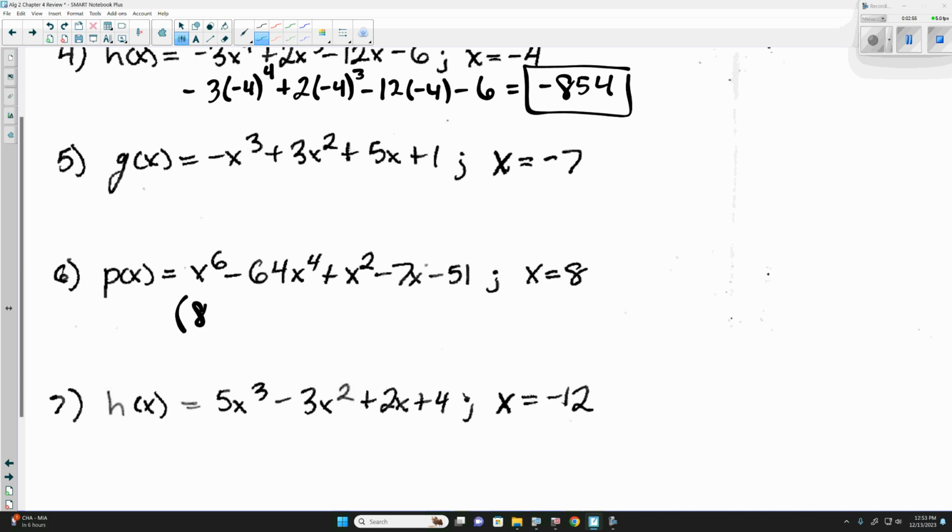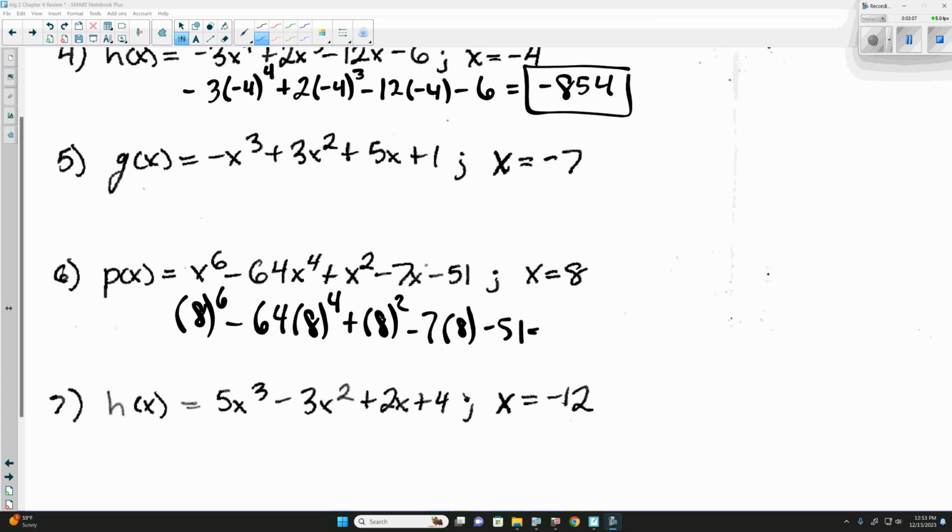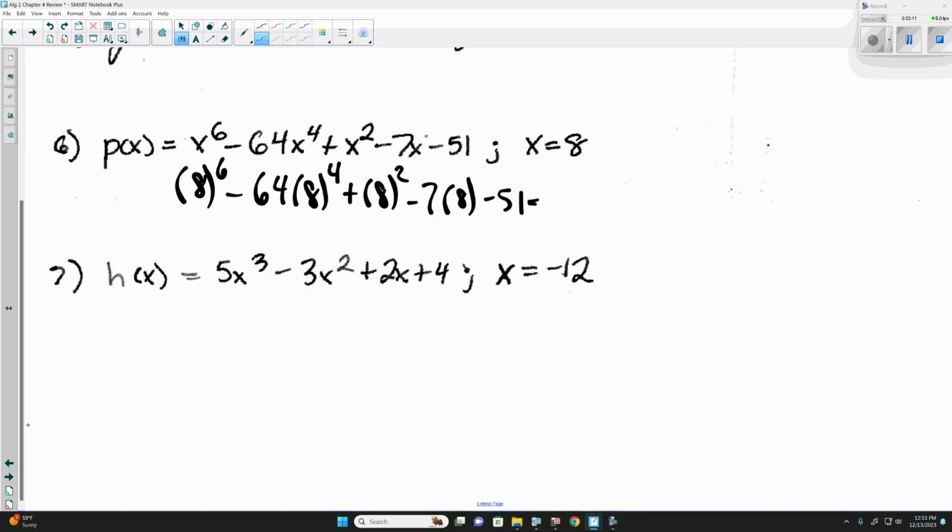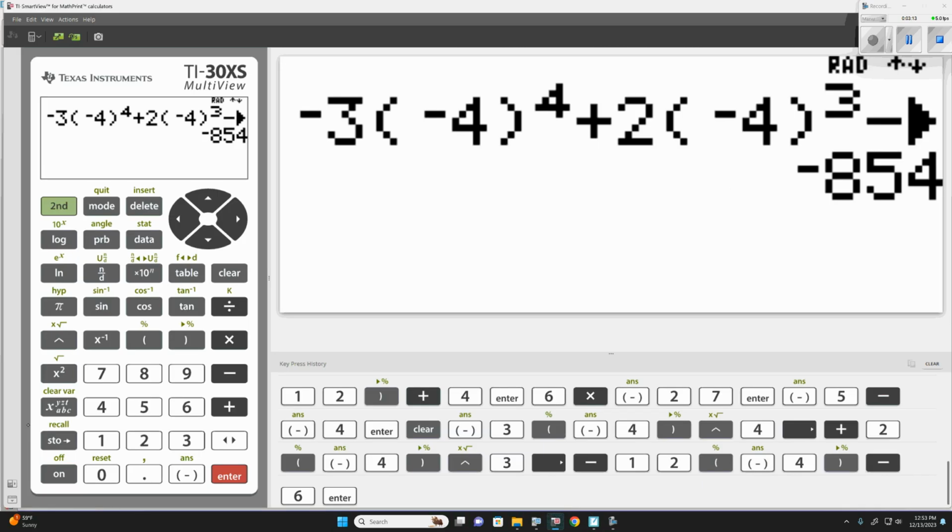So we're replacing each x with 8. And now we just need to evaluate this here, so we can type this all into the calculator.